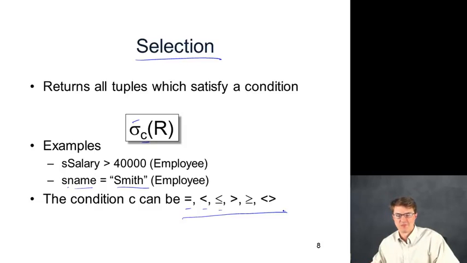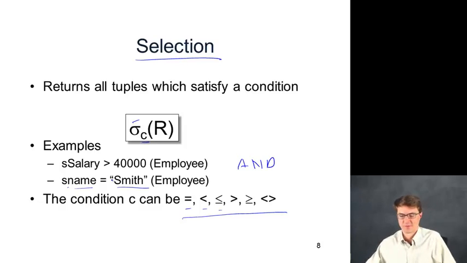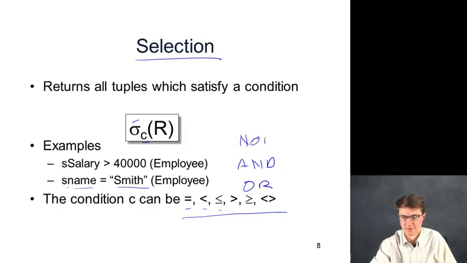But between some complicated user-defined function and a simple condition like salary greater than 4,000, you can have arbitrary Boolean expressions. So you could have conjunctions. You could say where salary is greater than 4,000 and S name equals Smith. And of course you can say or, and you can say not. All of these are legal.